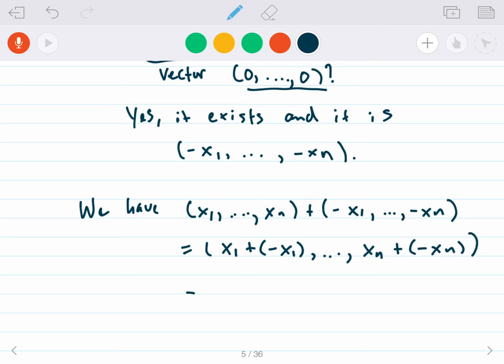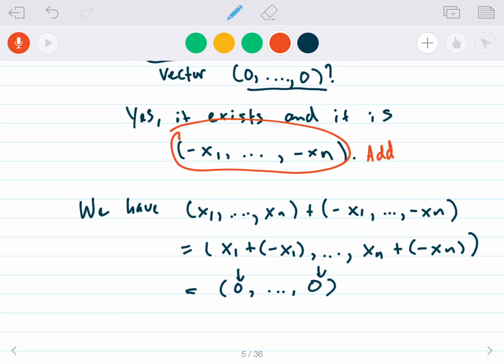And we all know how to add real numbers like this. This is just going to give us 0, ..., 0. So again, this first entry is the first 0. This guy is the nth 0. So this is our additive inverse of x1 ... xn.